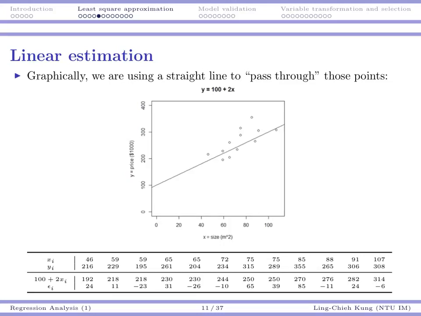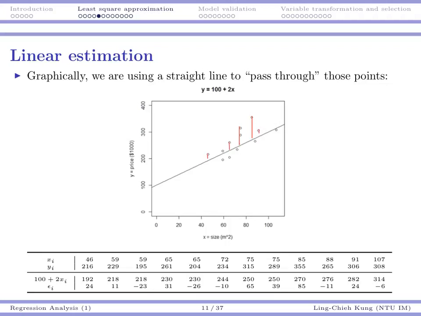But for those points that the line overestimates, the difference is small. But for those points that the line underestimates, we can see there are quite a few large deviations. So that means this line is not perfect, right?